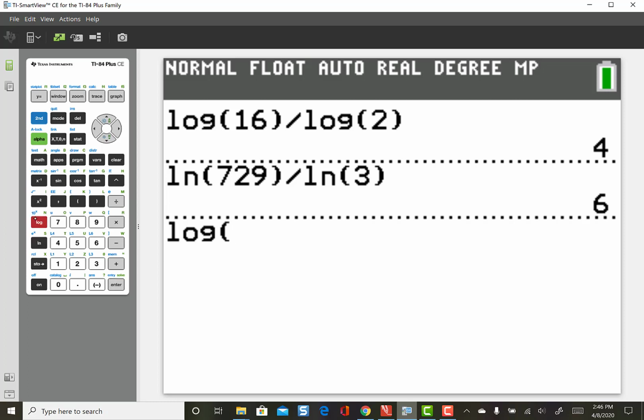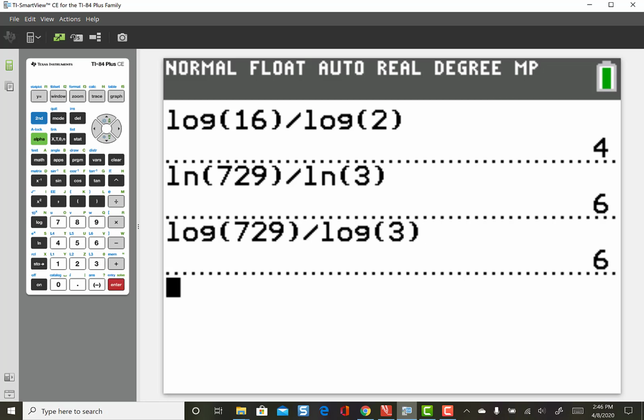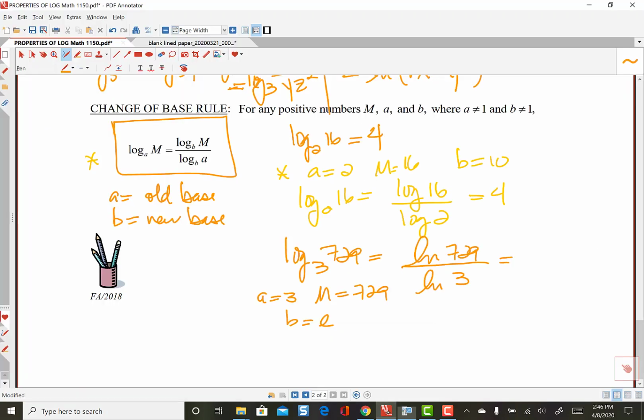If you took the base 10 or common log of 729 and divided that by the base 10 log of 3, in either case you'd get 6, because we know that 3 raised to the 6th power is 729. Now, as I said, I don't use it very often, but just so we've seen the change of base formula before. Okay, I think this is a good place to stop, and we'll continue on shortly.